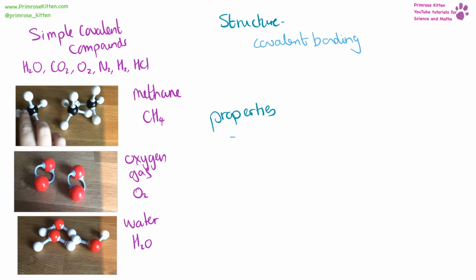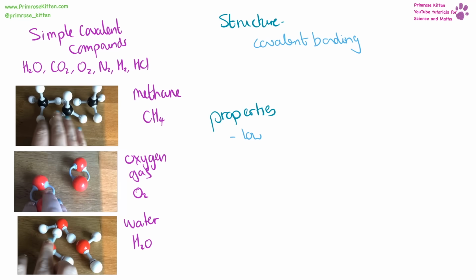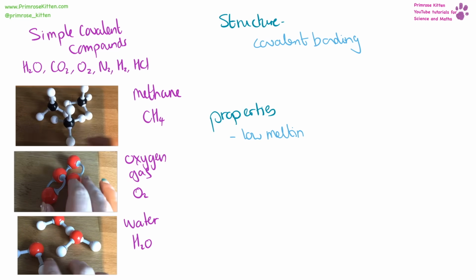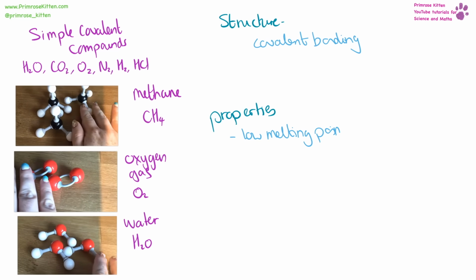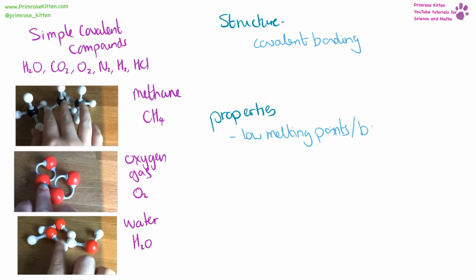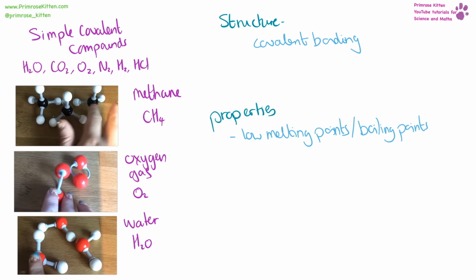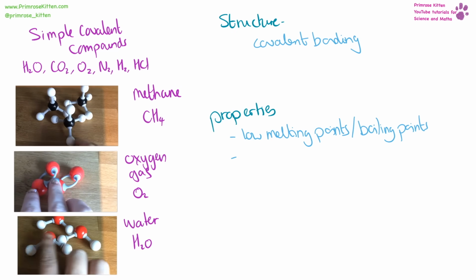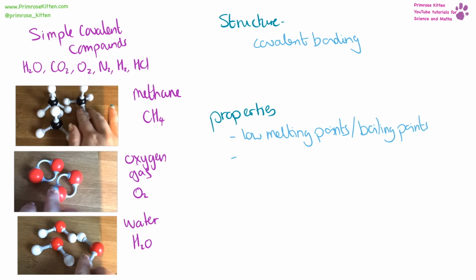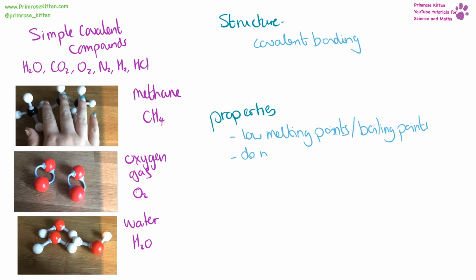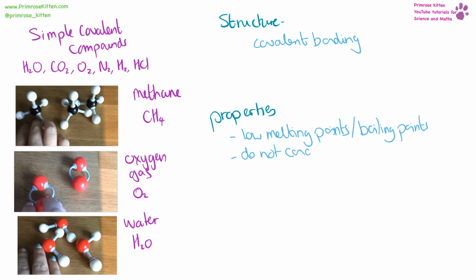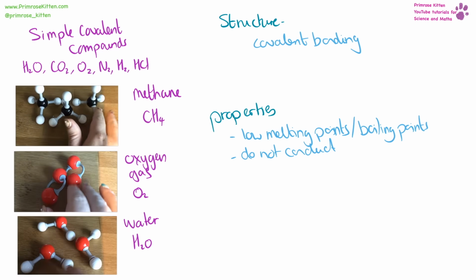Their properties are that they have low melting points and boiling points. They're generally going to be a gas at room temperature or a liquid at room temperature. They do not conduct electricity.